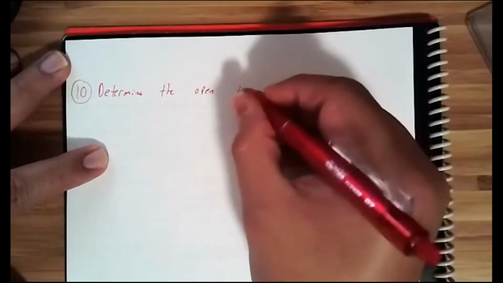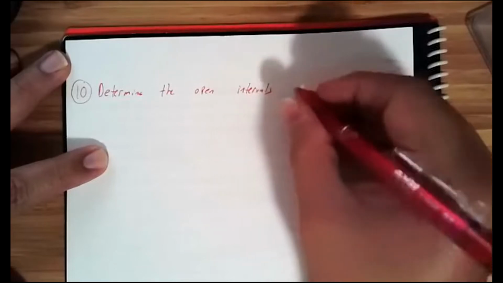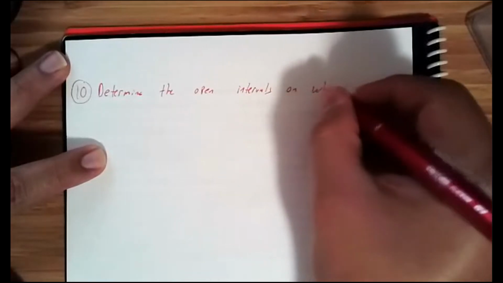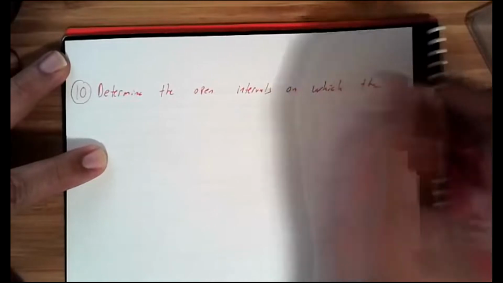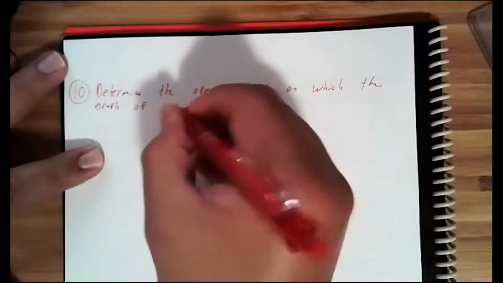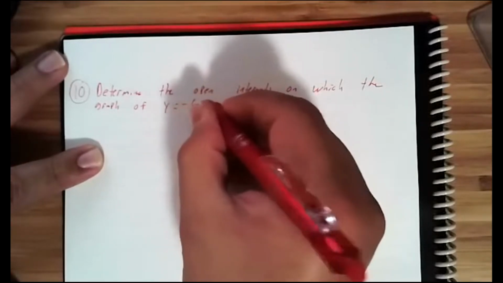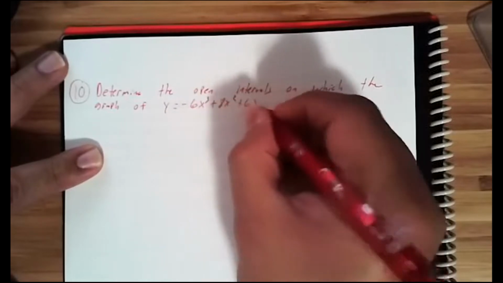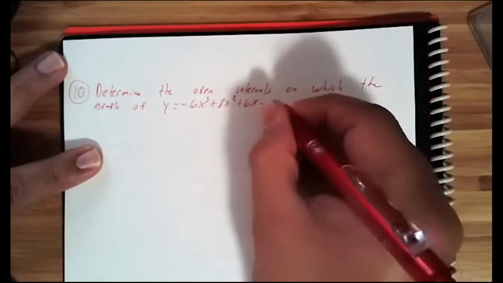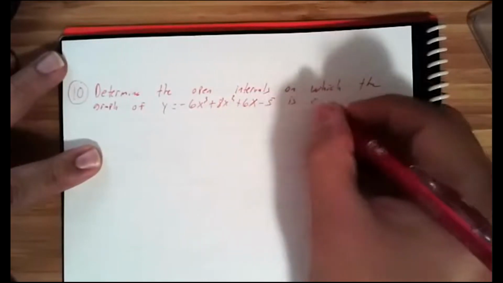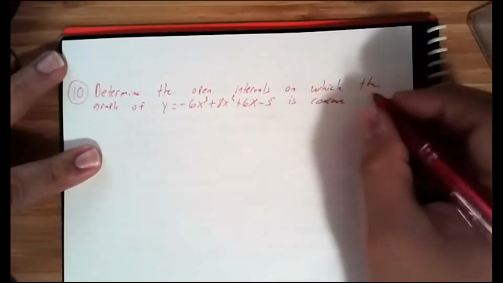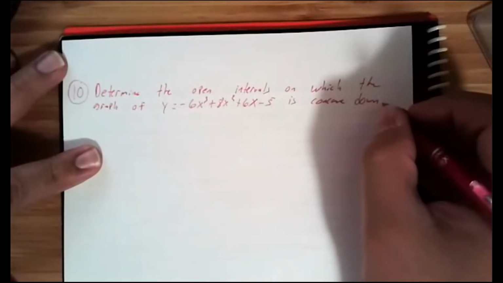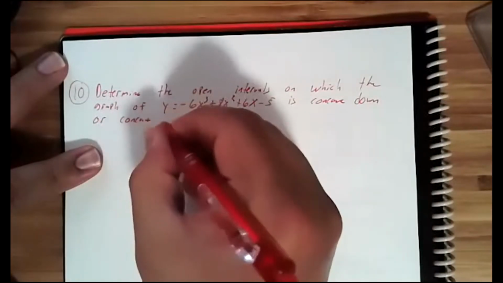Determine the open intervals on which the graph of y equals negative 6x cubed plus 8x squared plus 6x minus 5 is concave down or concave up.